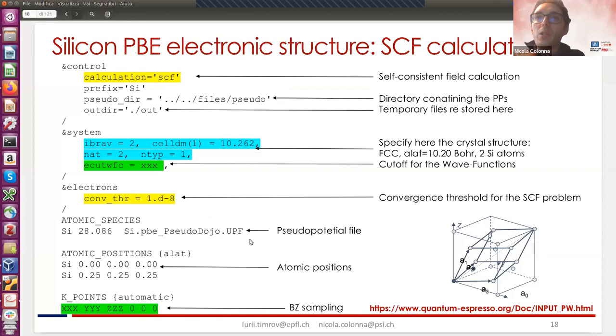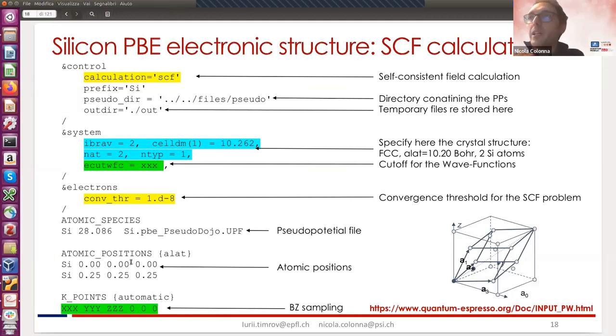And here is where you specify the name of the pseudopotential. So this is actually the name of the file where the pseudopotential is stored. This is only the name, but in the namelist control, you need to specify also where physically in your computer this file is, and this is the path to the folder containing the pseudopotential.